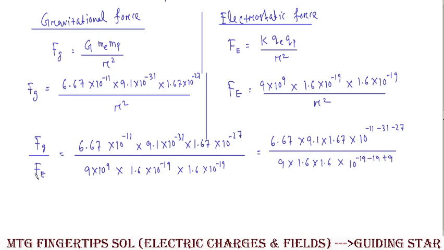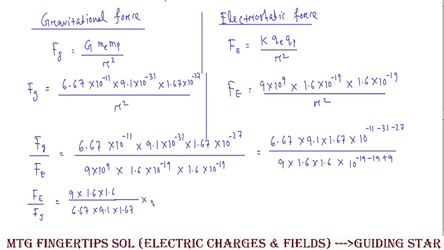So finally the ratio. Here it is asked to calculate the ratio of electrostatic force upon gravitational force. So what will that be? That will be 9 into 1.6 into 1.6 divided by 6.67 into 9.1 into 1.67, and the power of ten will be how much?